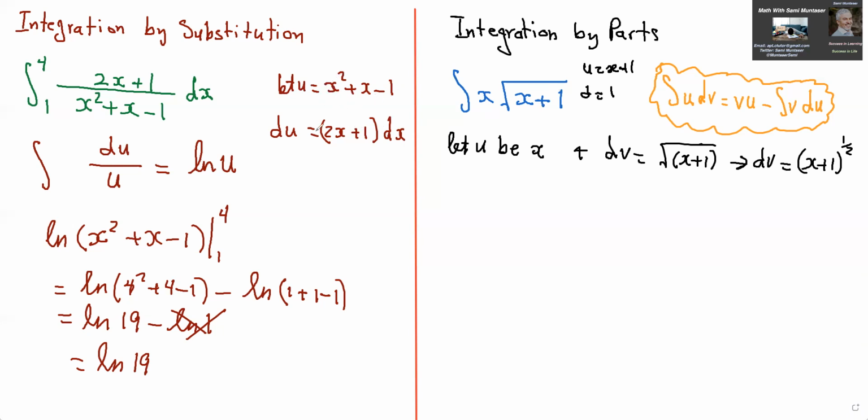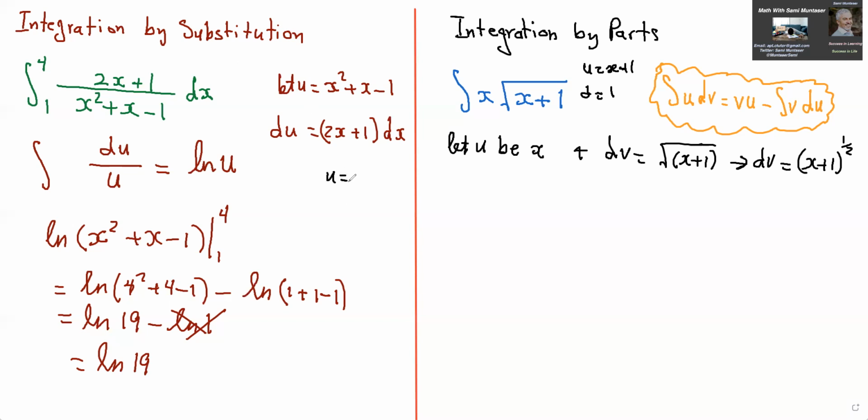In substitution, once you let it be u and then take du, you should get something like this, or something you could manipulate to make it match. It has to be a different example, but you just have to manipulate this part to make it match this.